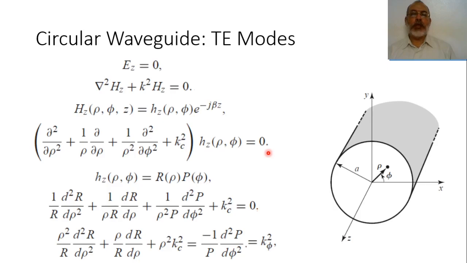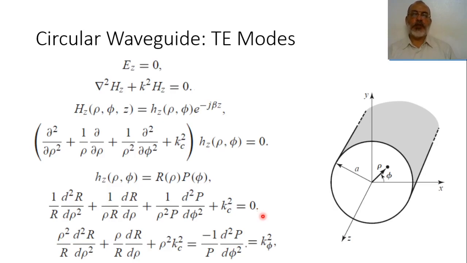Now, by dividing both sides by R multiplied by B, we obtain 1 over R d squared R by d rho squared plus 1 over rho R dR by d rho plus 1 over rho squared B d squared B by d phi squared plus kc squared equals 0.